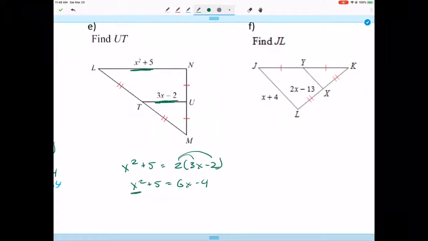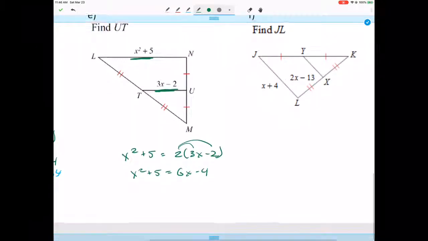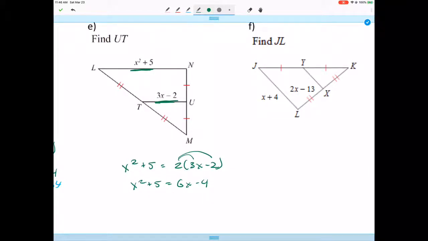This is a quadratic, so eventually we're going to need to factor. We need to have everything on one side, so we'll subtract all of this from both sides, and we'll get x squared minus 6x plus 9 equals 0.